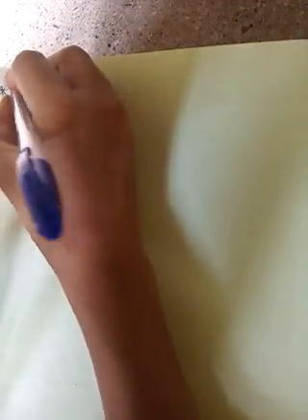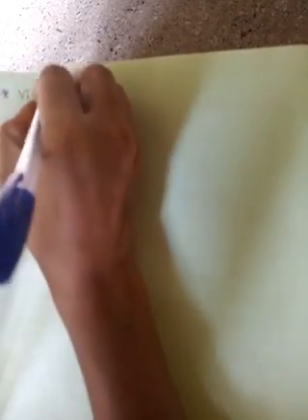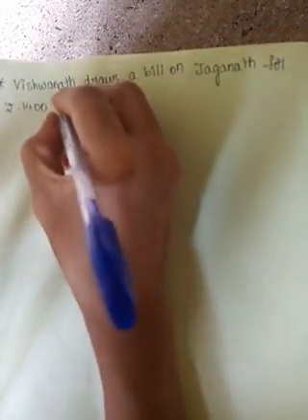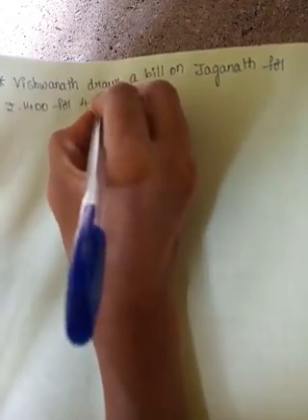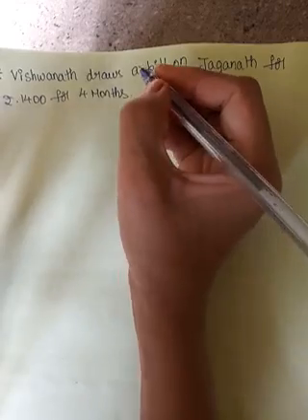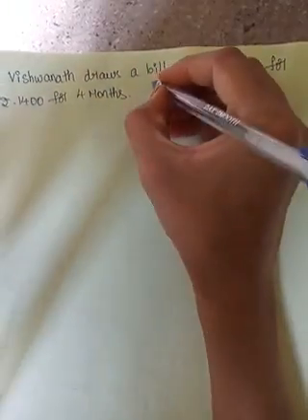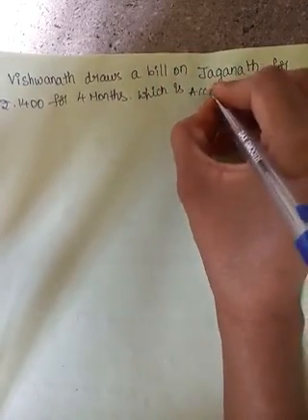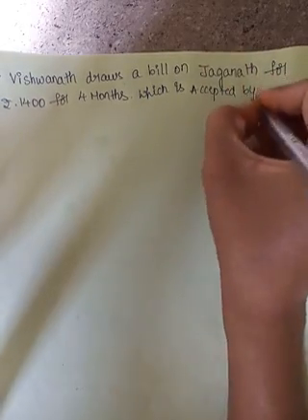Vishwanath draws a bill on Jagannath for rupees 1400 for 4 months, which is accepted by Jagannath.